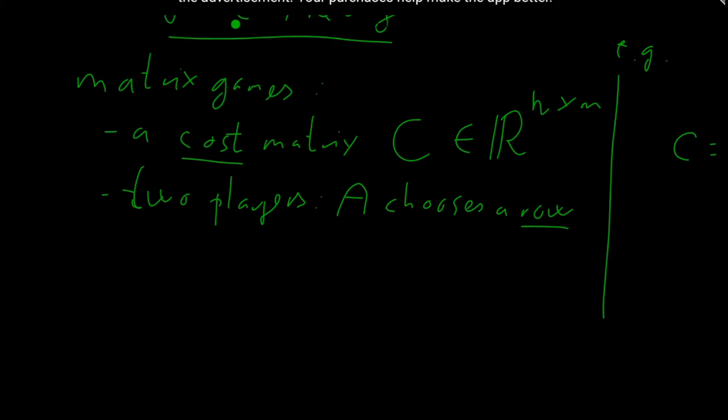Since in Hungary we don't really have these pronouns for male and female, I think for this talk I will stick to male pronouns most of the time. So A chooses a row and B chooses a column.